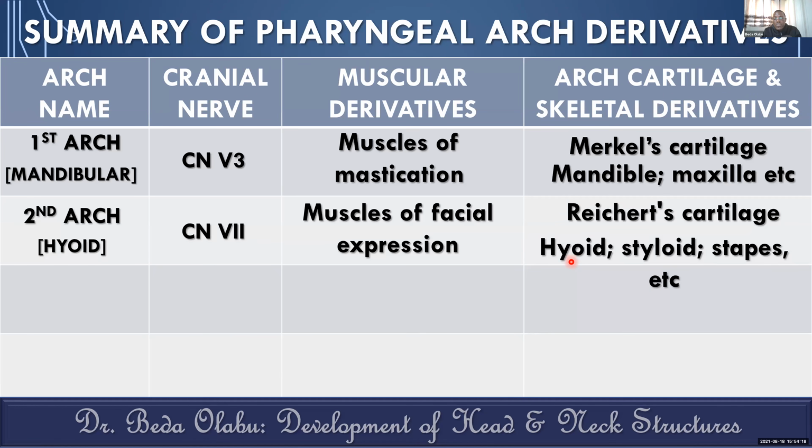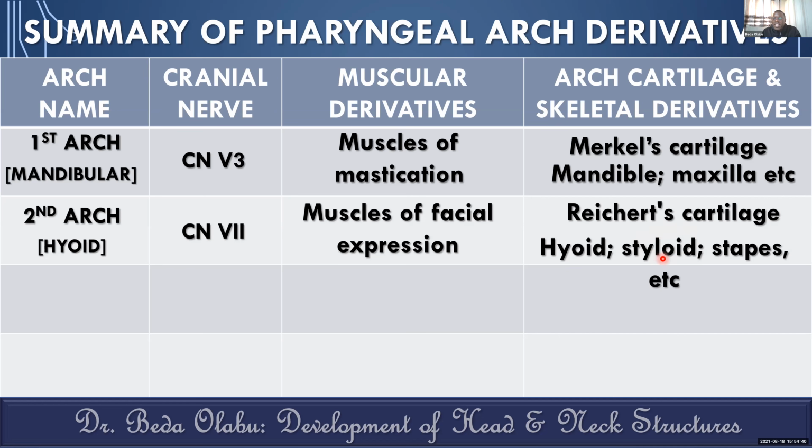So the lesser horn of the hyoid bone and the upper part of the body of the hyoid bone, those ones come from the mesenchyme of the second pharyngeal arch. The styloid process also is derived from the mesenchyme of the second pharyngeal arch.